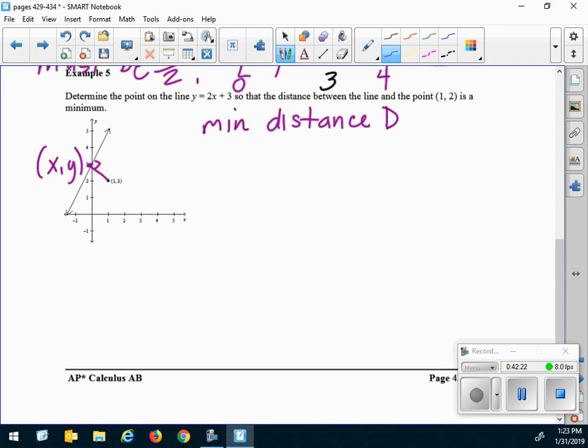Now, all right. How am I going to use the Pythagorean theorem? The point I'm looking for, this x, y, is not necessarily at that y-intercept.